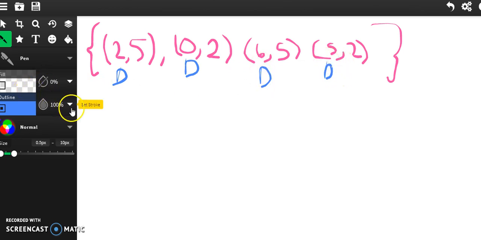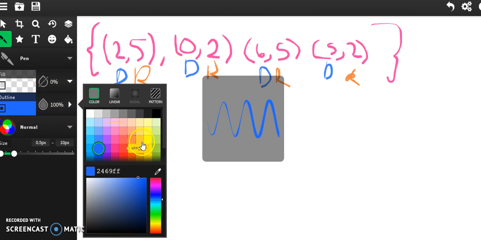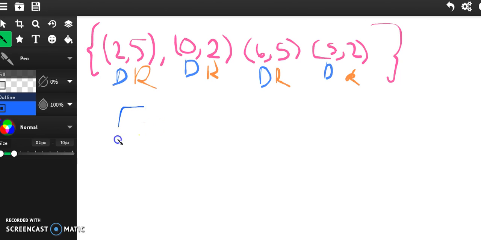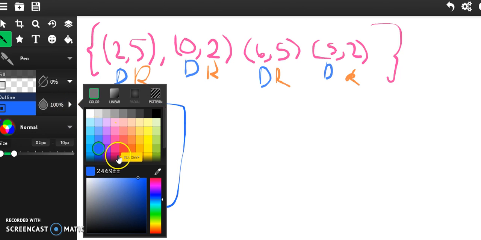I'm going to pair their ranges up with a different color. You have a range here, a range, and a range. So now let's pair them up. So our domain values and our range values.